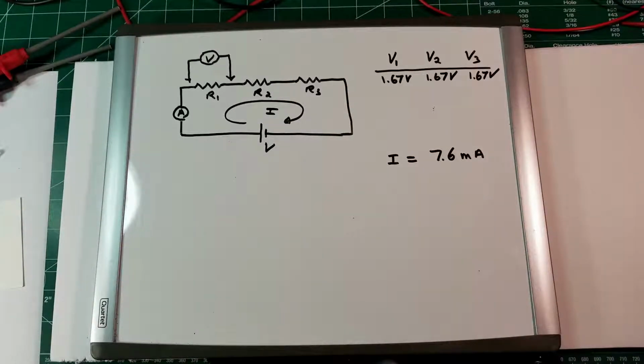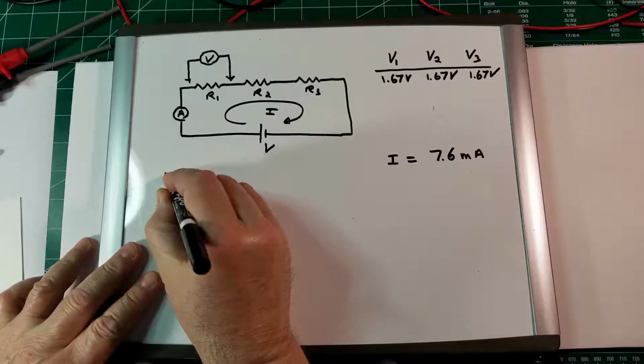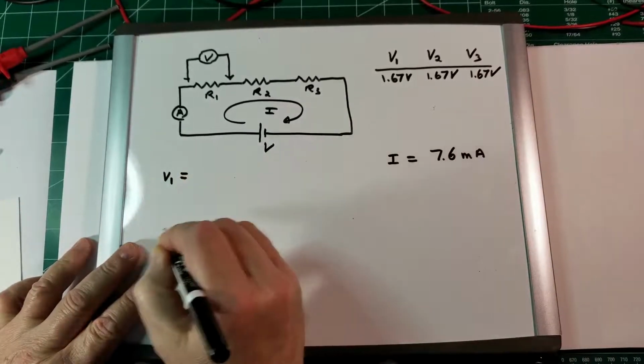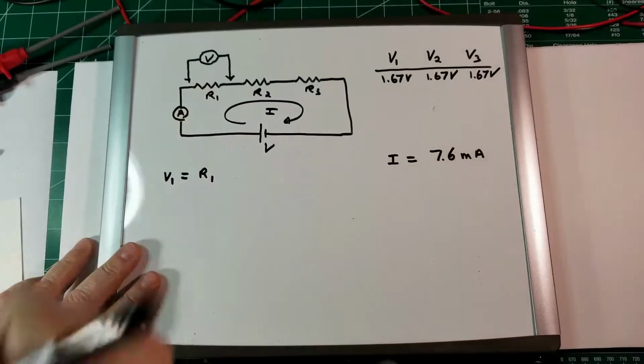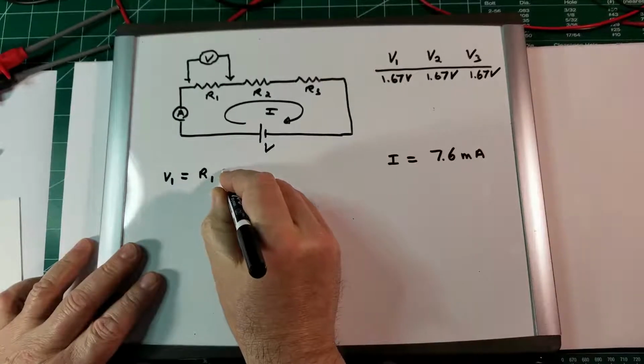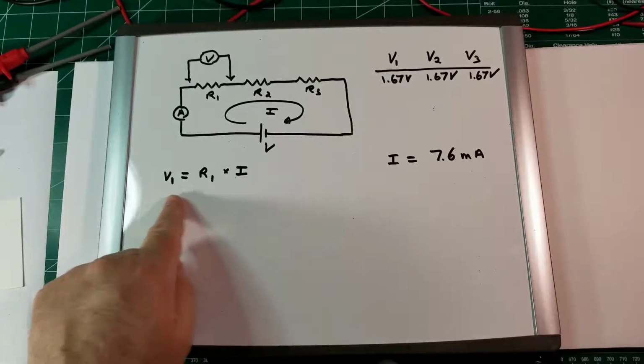So, let's see what's going on over here. Remember, we have said that the voltage across a resistor is equal to the resistance of the resistor multiplied by the current that flows through it. This is Ohm's law.